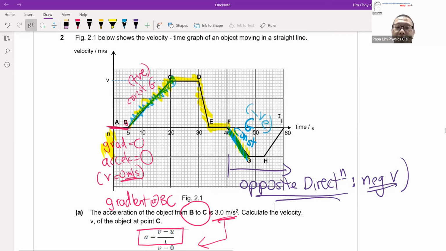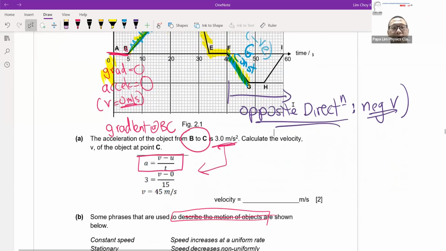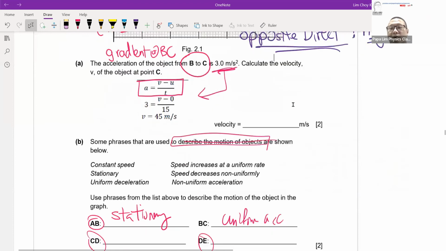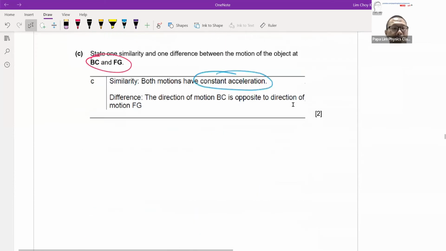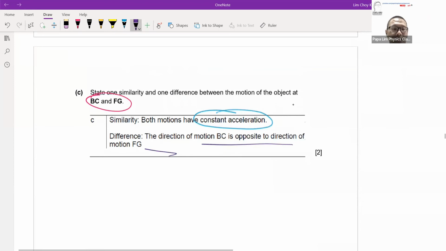So that's why I can safely say that FG and BC, although they are constant gradient, they are accelerating. But both of them take different direction, plus and minus. So FG involves opposite direction. That's why I can safely say the difference between them is opposite direction.